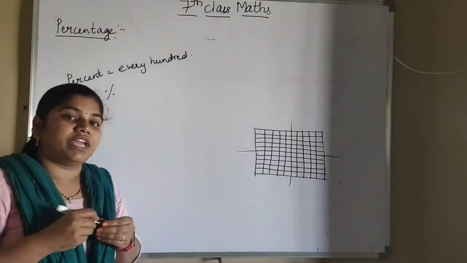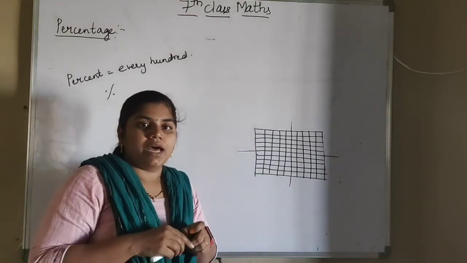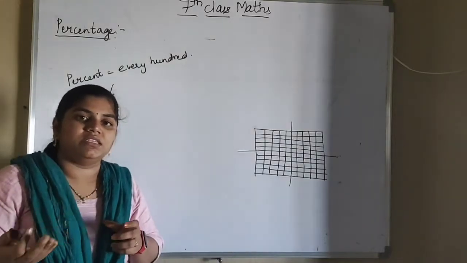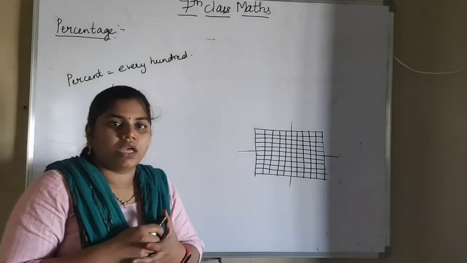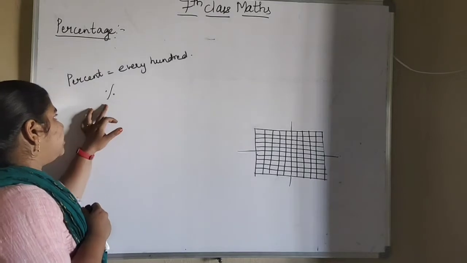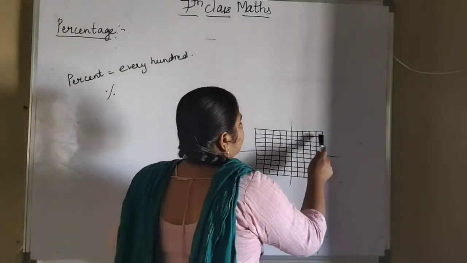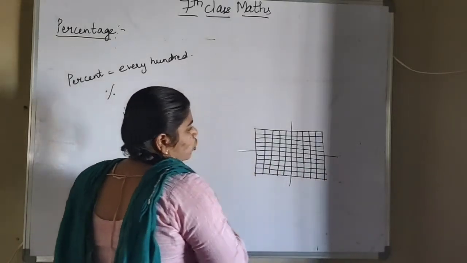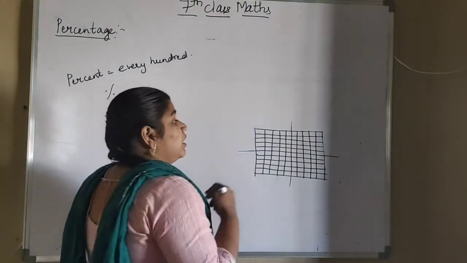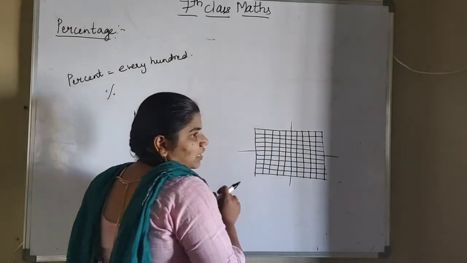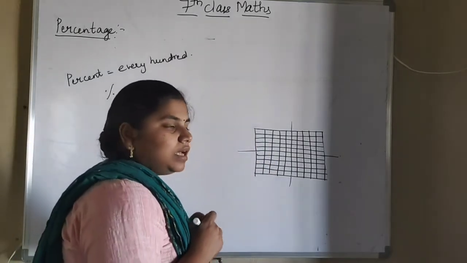Already you know how to take out your percentage marks for your exams. So how will you use the percentage symbol? Suppose I am taking one total chocolate bar. Suppose you think of this as a chocolate bar. In this, a total of 100 boxes are there. Total how many boxes are there? 100 boxes.